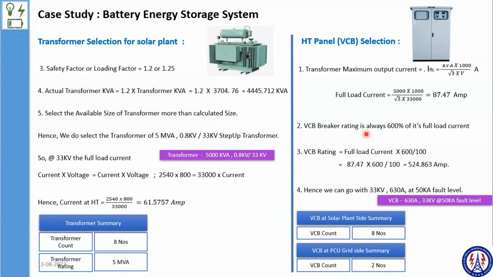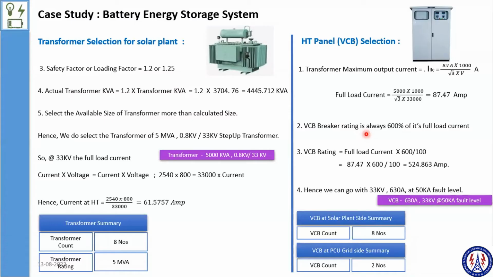Similar to what we are following, the 80% loading on the switchgears, correct? In the same fashion, you can carry out that activity. Then if you follow that, how much does it come to? 125%, right? But because this is on the HT side, people are following 150%, a little more than that.